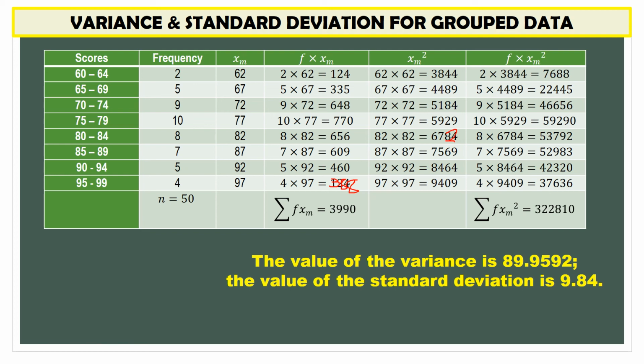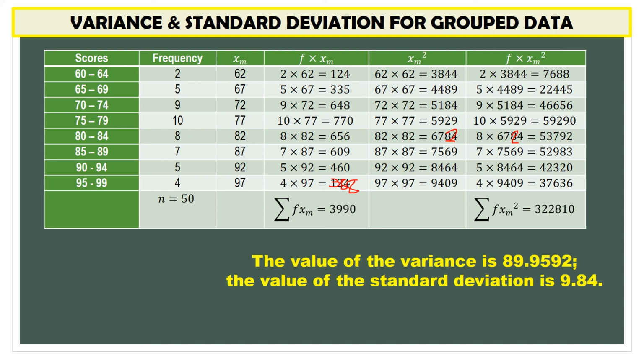Then, on the last column, multiply the frequency and the answer here. So, 2 times 3,844 is 7,688. 5 times 4,489 is 22,445. 9 times 5,184 is 46,656. 10 times 5,929 is 59,290. 8 times 6,724 is 53,792. 7 times 7,569 is 52,983. 5 times 8,464 is 42,320.